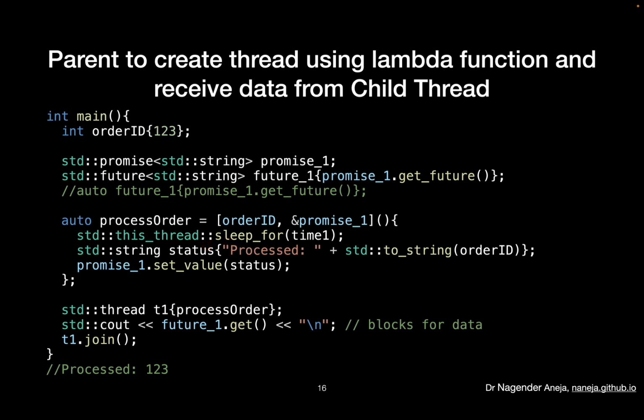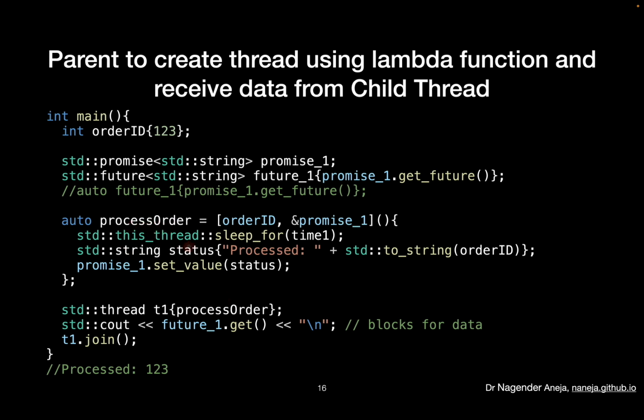We did some work, created a string processed, and finally this promise one is by reference, and we set the value to this promise. This is a lambda expression, and we pass this lambda expression to T1, right? So T1 is a thread that will execute this lambda expression.